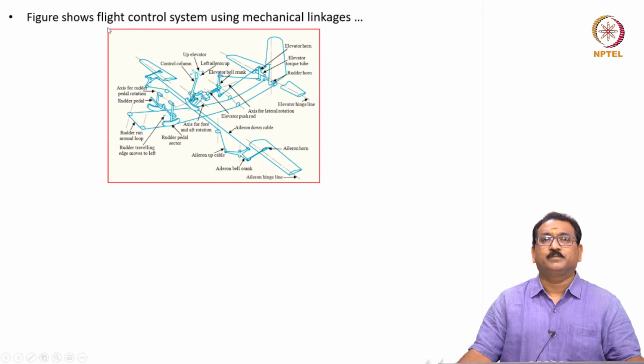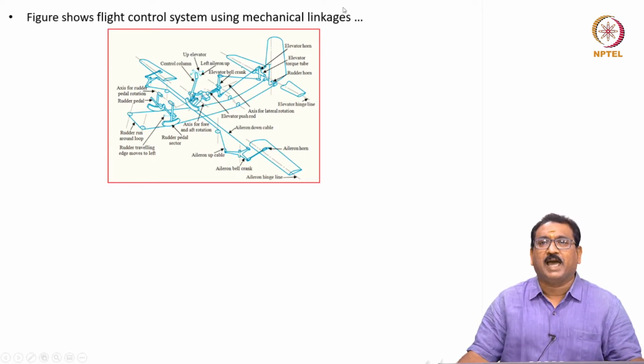Figure shows the flight control system using mechanical linkages. There are various parts here where the mechanical linkages are used to transmit the power from the source to the usable area.